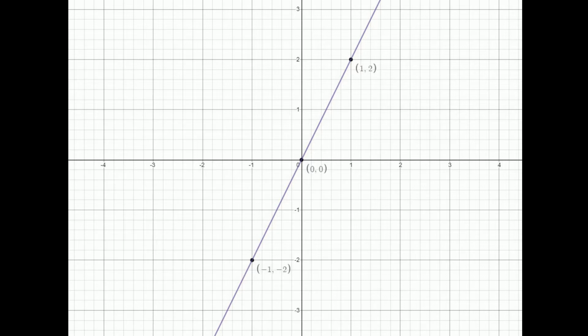So we just saw the t-chart for 2x plus 1, and based on what I said, if I were to add 1 to each of these values, each of these points should go up 1. I shouldn't be moving left or right on the x. My x values that I picked stayed the same, but I should be able to shift all three of these points up 1 value and get my new line. So this is the graph of 2x. Let's look at the graph of 2x plus 1.